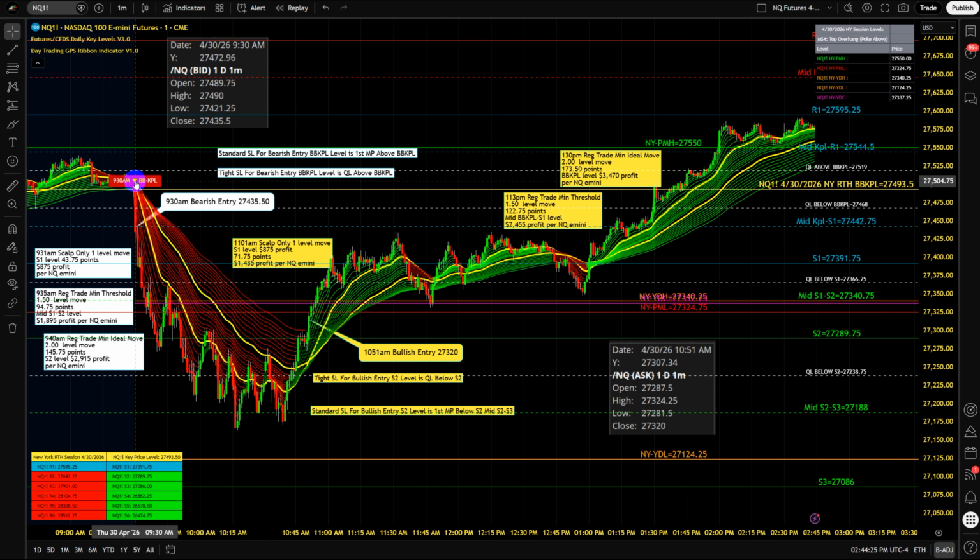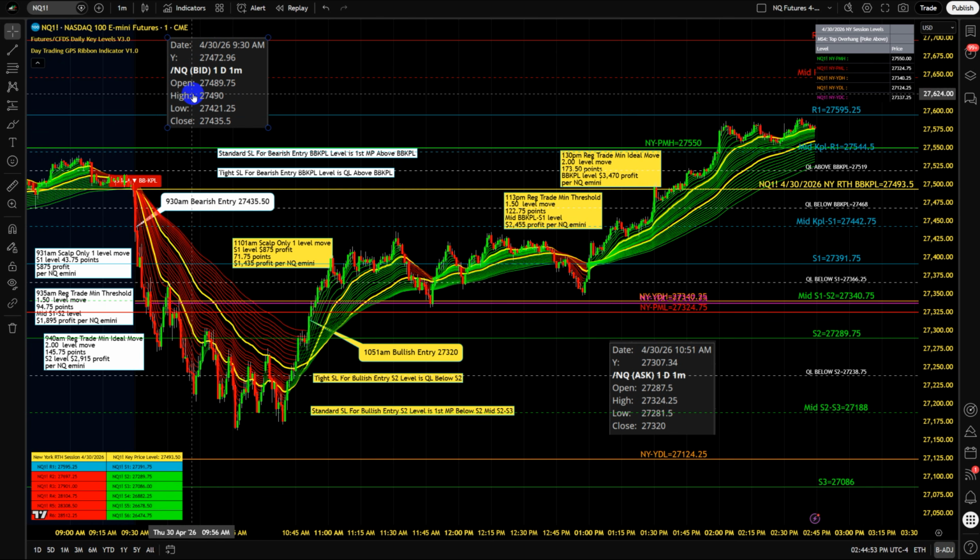So in either situation, you're looking for the ribbon to be all one color. If the ribbon is the opposite color of the close above or close below, then there's no trade as you have a conflict. Or if the ribbon is multicolored, part red, part green, then again, there's no trade because you have a conflict between the ribbon and the close above and/or close below.